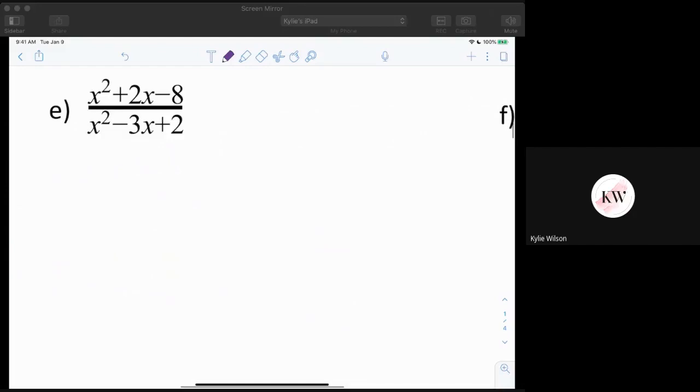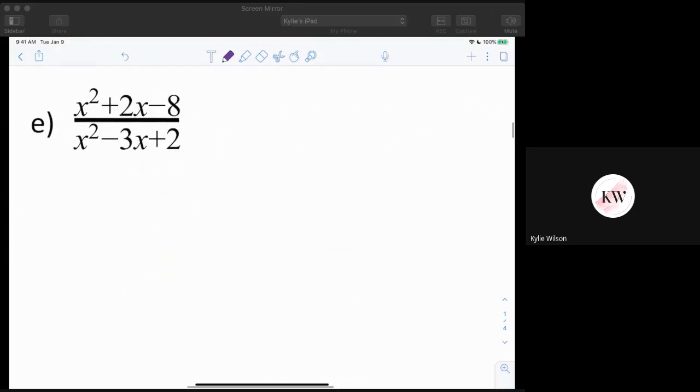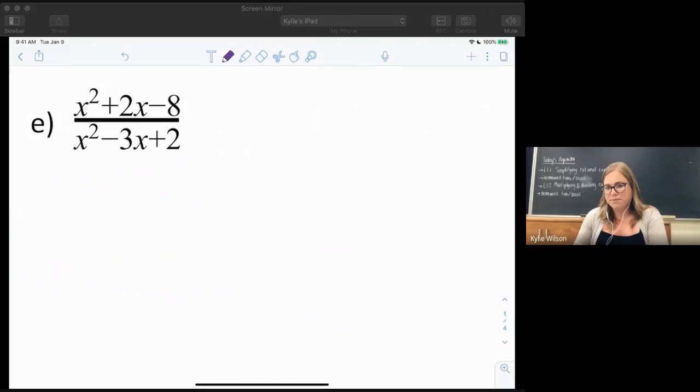This is another good example of why I can't just cancel stuff. So let's start there. I cannot just cancel these x squareds, and the reason is because of these addition and subtraction signs.